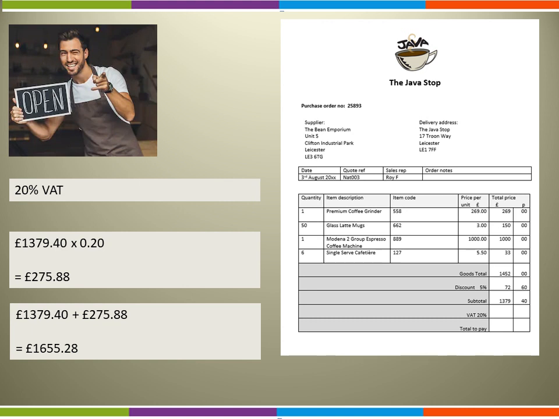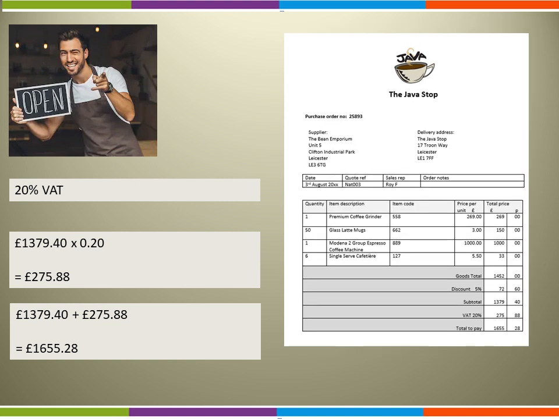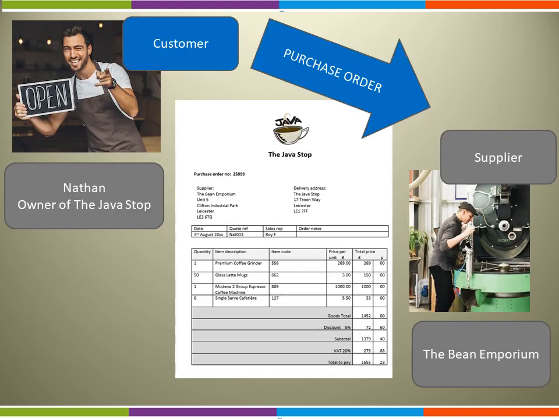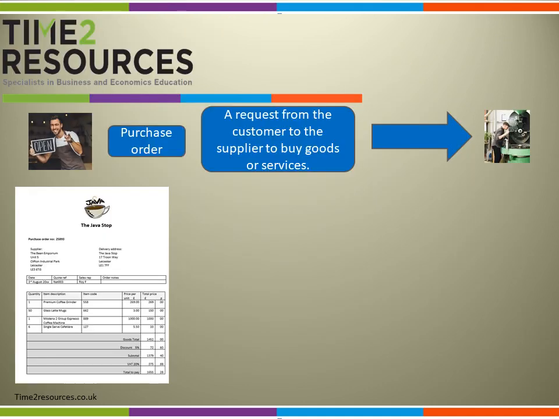We can now fill in the final two rows in our purchase order. So we now have at the bottom of our purchase order the total to be paid £1,655.28. The customer sent the purchase order to the supplier in order to outline the goods that they wanted to buy.